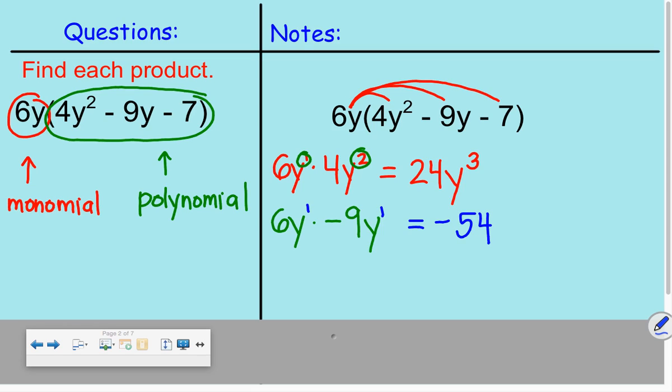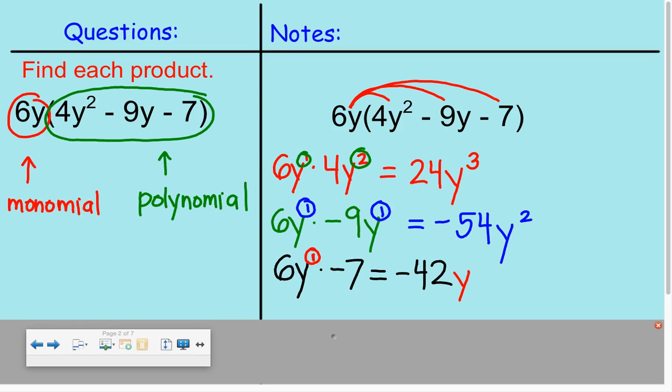And then you have 1y and another y, so 2y. So it's negative 54y squared. Then you have 6y times a negative 7. So 6 times negative 7 is negative 42. And since this is just like y to the first, you have just 1y.